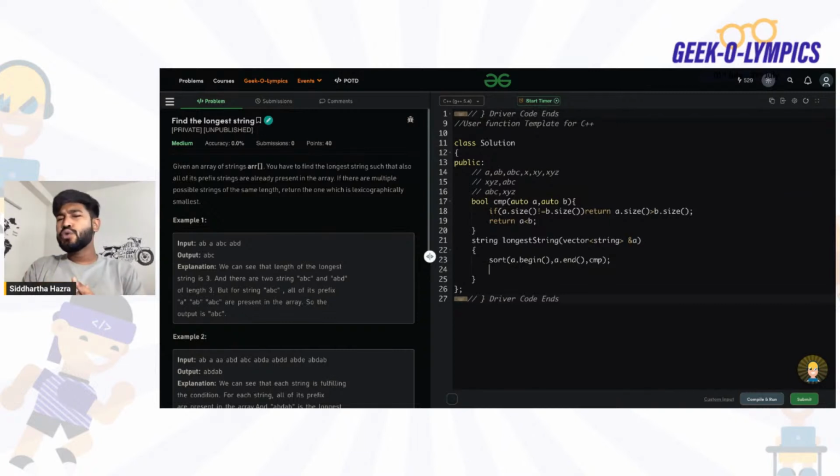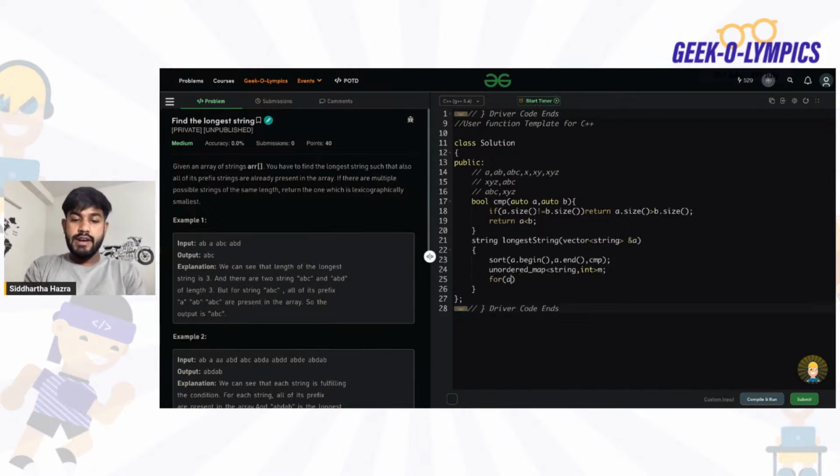I can use an unordered map or an ordered map, both are the same. Let's use an unordered map because the average time complexity of this is big O of 1. Let's just call it m.